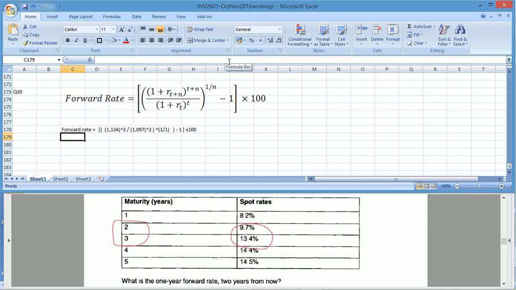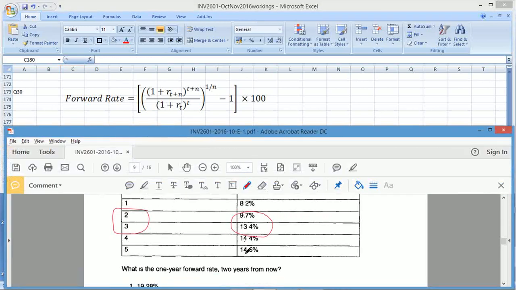Okay, to the power 1 over 1, which is 1, minus 1. Times 100 gives me this. So the forward rate on my calculator comes out to 21.17859381%.